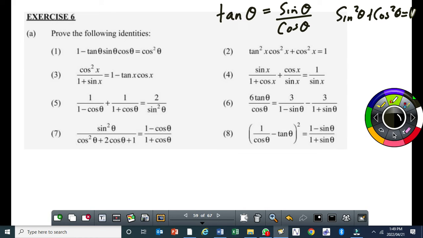Now be aware that the second identity can also be simplified, and you can write it as sine squared theta is equal to 1 minus cos squared theta. Also, cos squared theta is equal to 1 minus sine squared theta.